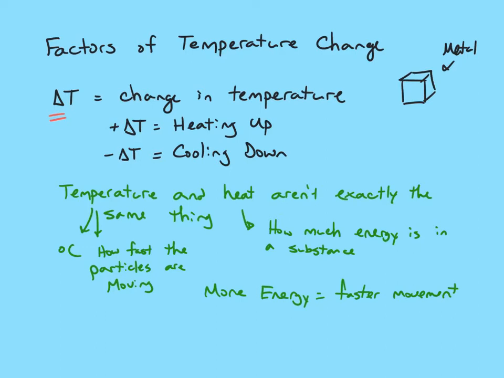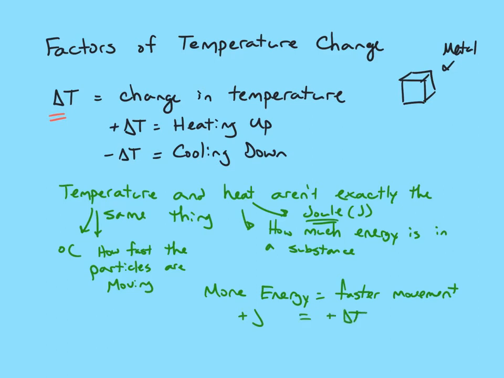In fact, heat has its own unit of measurement, and the unit of heat is called the joule. A joule of energy or a joule of heat is a quantity of heat, kind of like a dollar is a quantity of money. And if you add more joules to something like this metallic substance up here, then you are adding more temperature. The more joules you add, the higher the temperature.